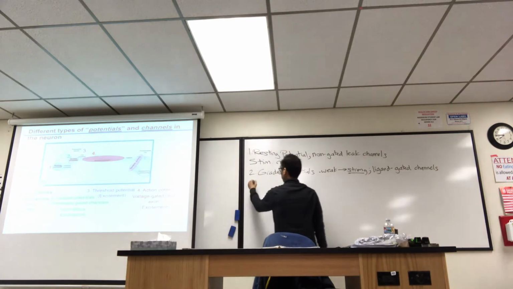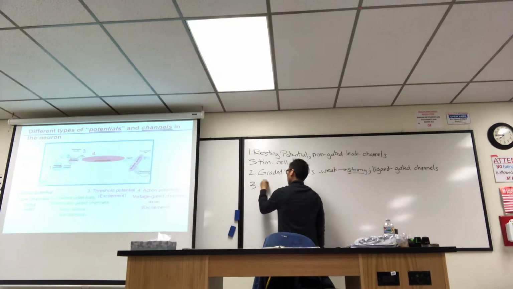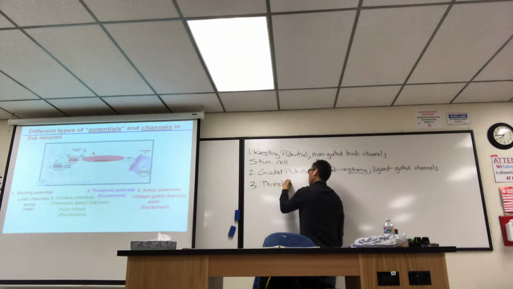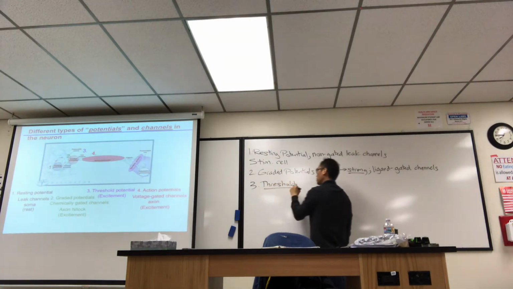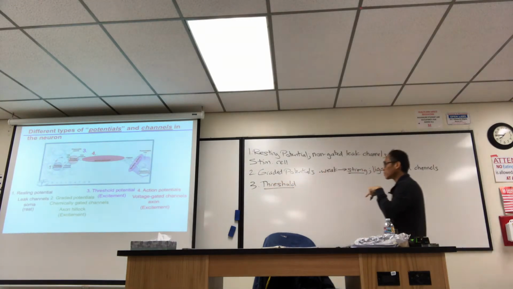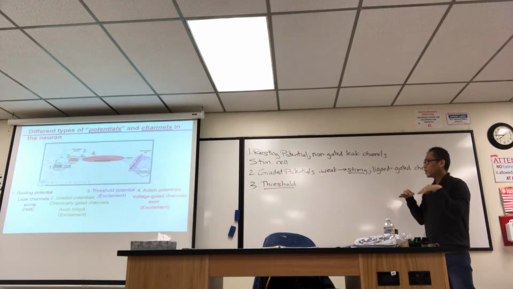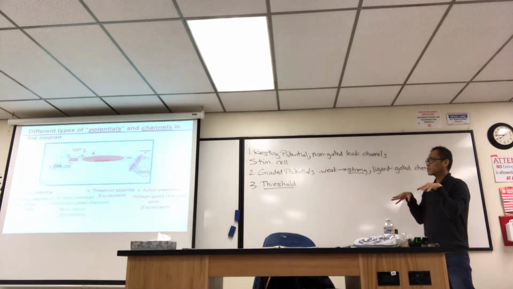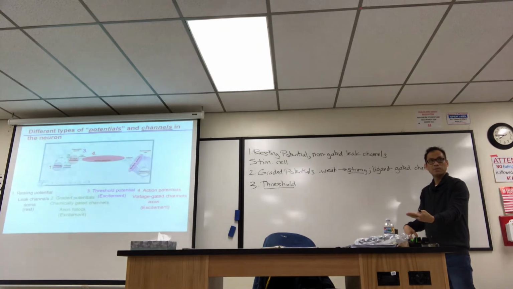Well, actually, I skipped threshold. You must reach threshold. The idea of threshold is, what's the minimum stimulus that will trigger an action potential? What's the minimum depolarization you've got to get to?